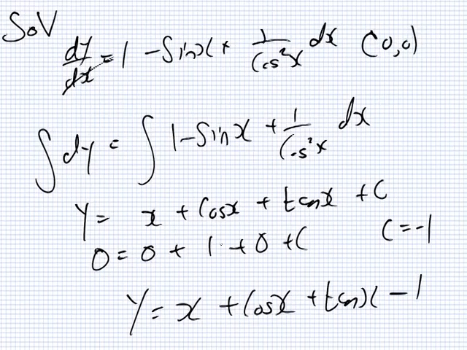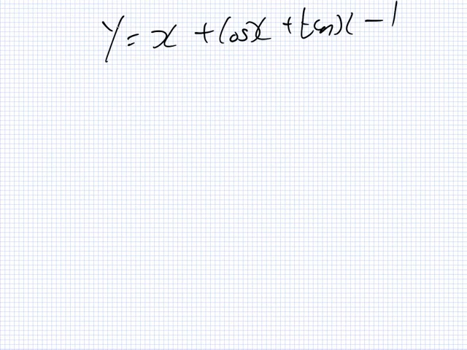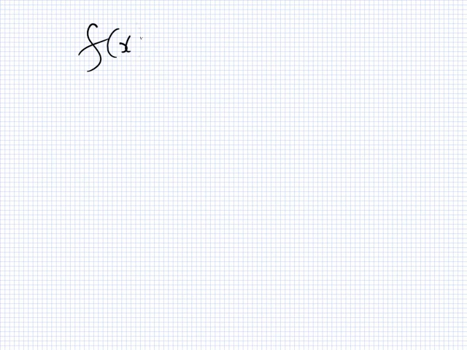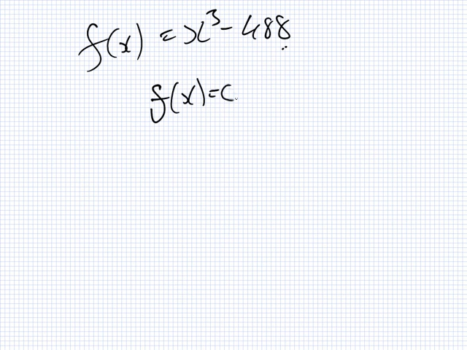7. Function f of x is defined as f of x equals x cubed minus 488. An approximate solution to the equation f of x equals 0 is x0 equals 8. Use the Newton-Raphson method twice to find a better approximation.